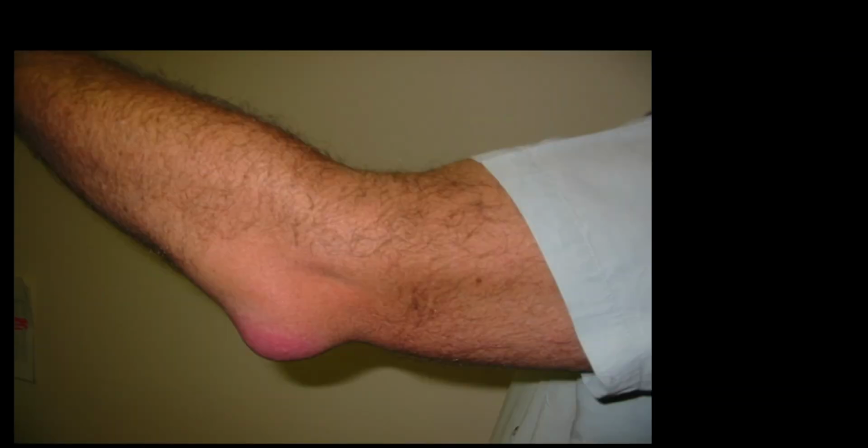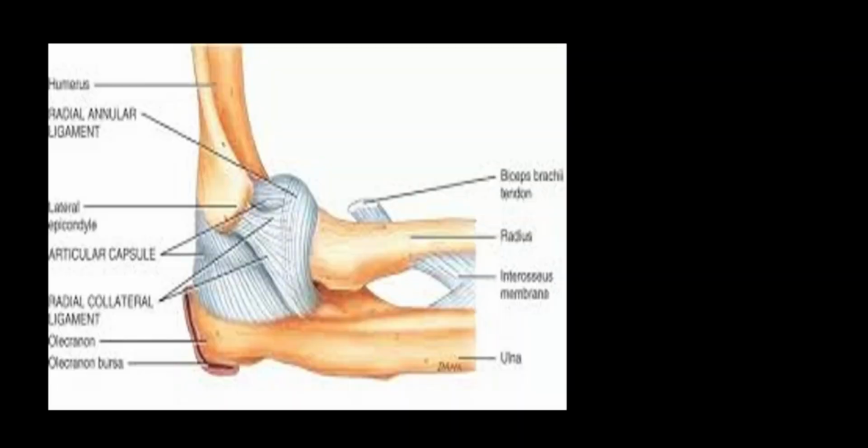And of course, we have the student's elbow. We can see an inflammation of the olecranon bursae as illustrated in this picture. The picture here shows a normal structure of the elbow joint, and we can see here the olecranon bursae. An inflammation of the olecranon bursae would lead to the student's elbow, or olecranon bursitis.